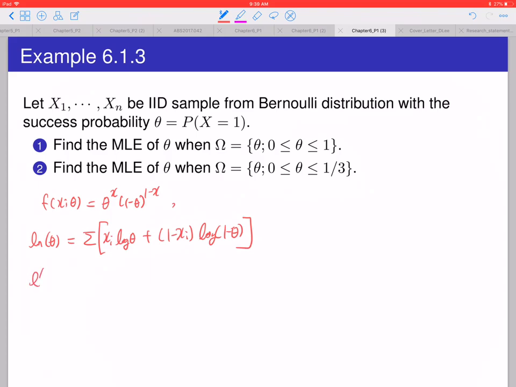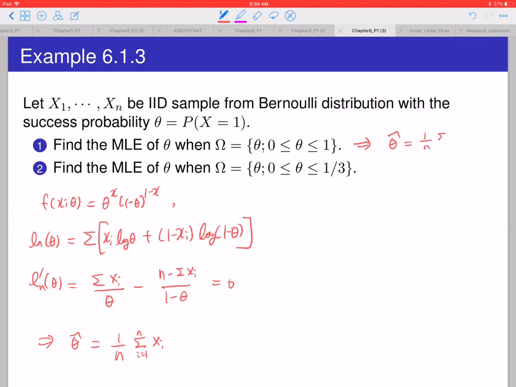The partial derivative, set to 0, will give the solution theta hat equal to 1 over n times the summation of xi. So the MLE, if there's no restriction on your parameter, is just this one.